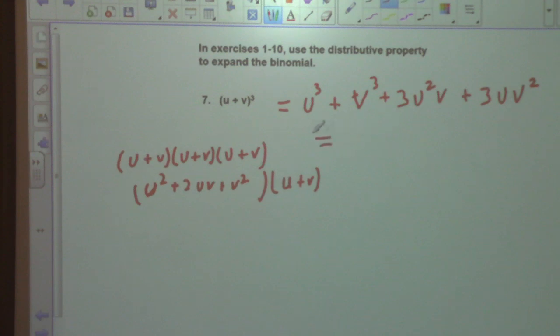Now again, we're going to try to get these in what we call a standard form of expansion, which is going to be u cubed plus 3u squared v plus 3uv squared plus v cubed. Is that the answer?